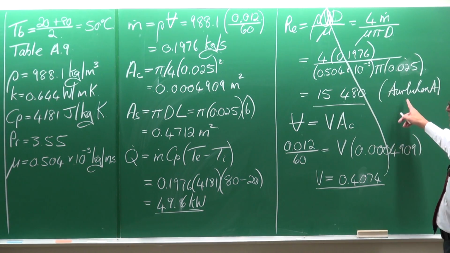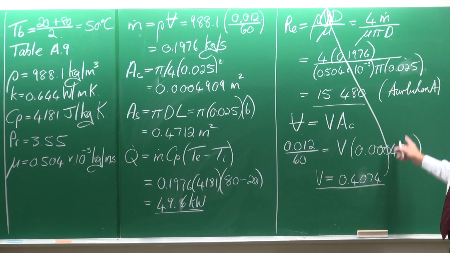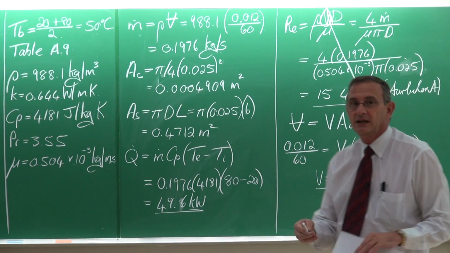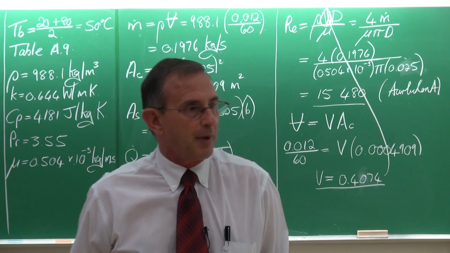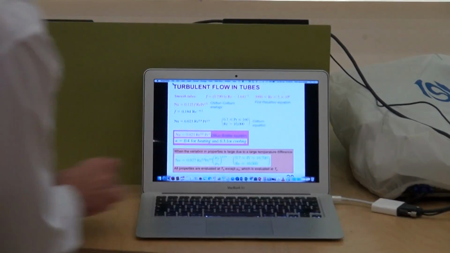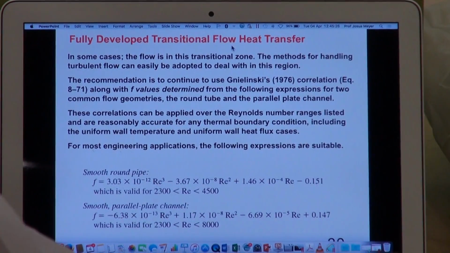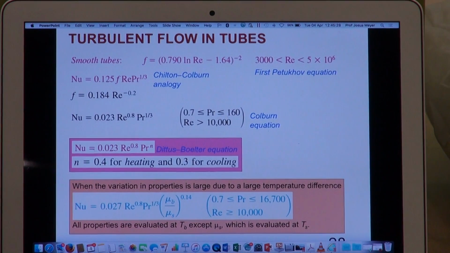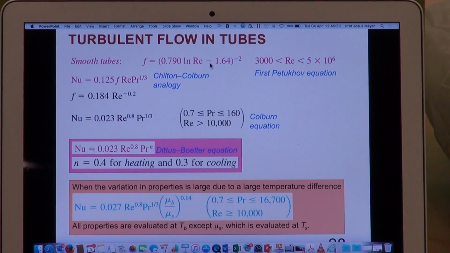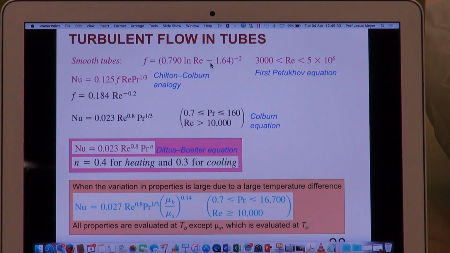Okay. So the flow is turbulent. If we just go back to yesterday's PowerPoint that I showed you, you'll see that I've given you some equations for turbulent flow. We can see the friction factor, the Chilton-Colburn analogy equation, the Colburn equation, etc., up to the Glinsky equation.